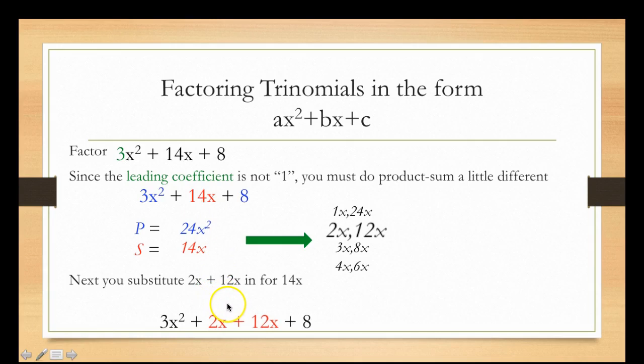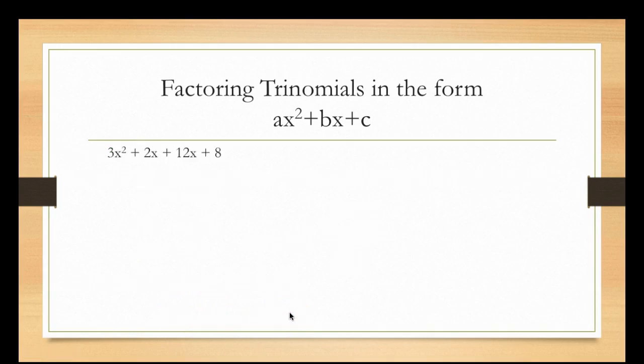So now once we do that, we have 4 terms. Once we have 4 terms, we can factor by grouping. So we're going to take our first 2 terms, put them together, and our second 2 terms, put them together.